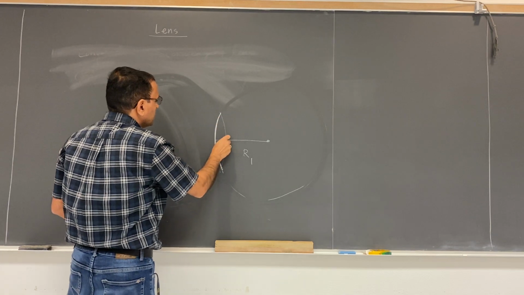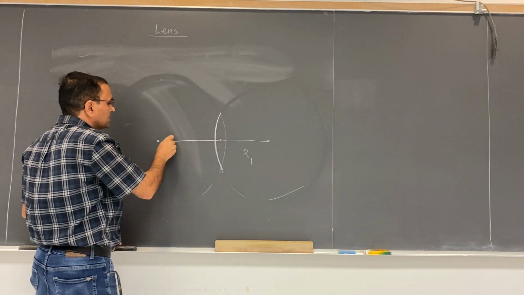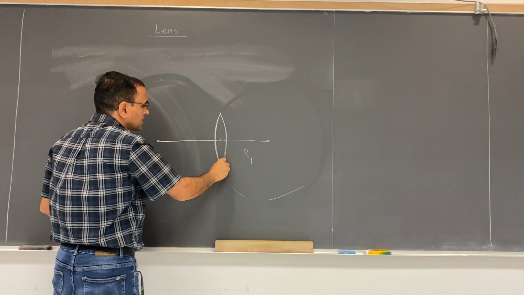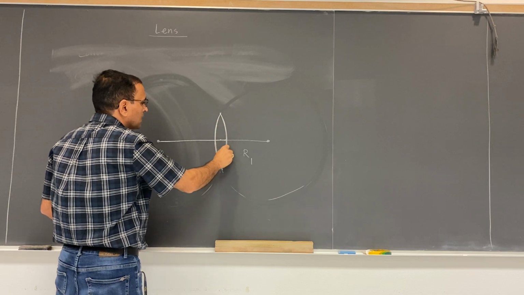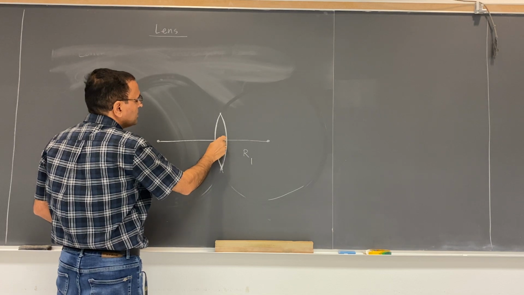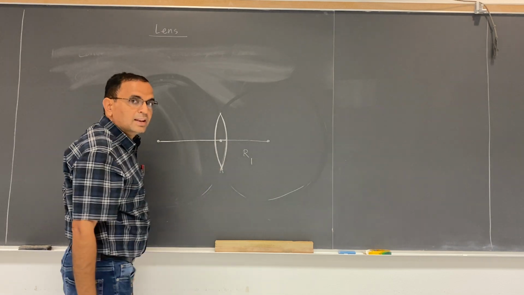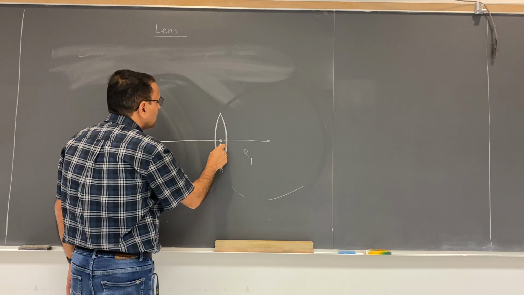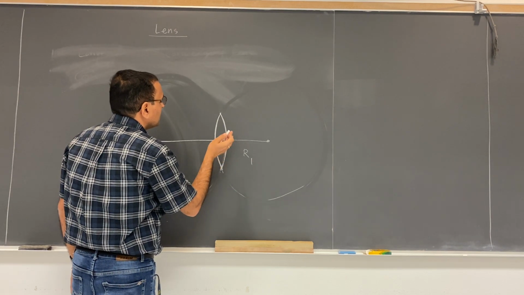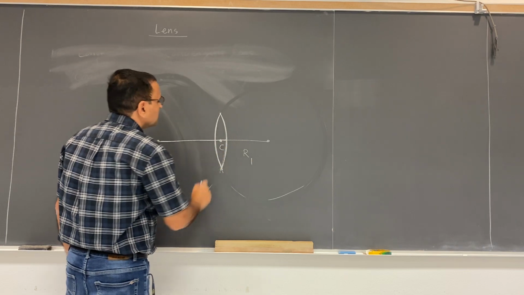And if you join this, it is the radius of curvature of the other surface. So if you call this the center of the lens, you can give it any name, like C.